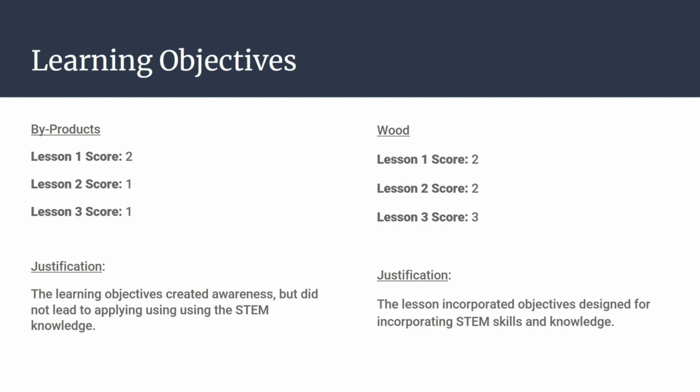Then lesson 3 is advancing because it really helps students engage in solving a problem using wood, applying the concepts they learned in lesson 1 and lesson 2 to design a chair, and then to actually test that chair by breaking it to see what level of strength it had from the wood properties.